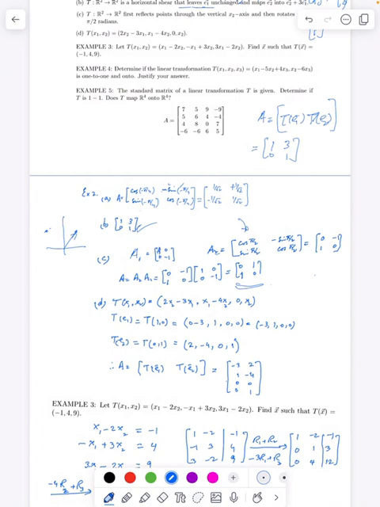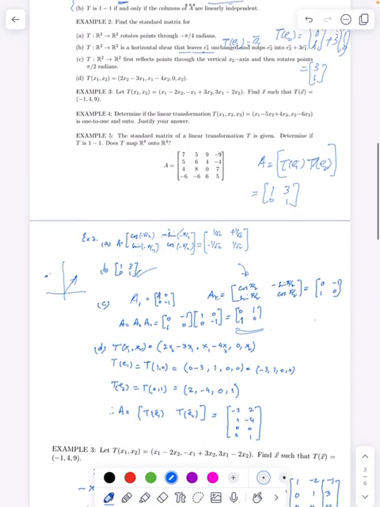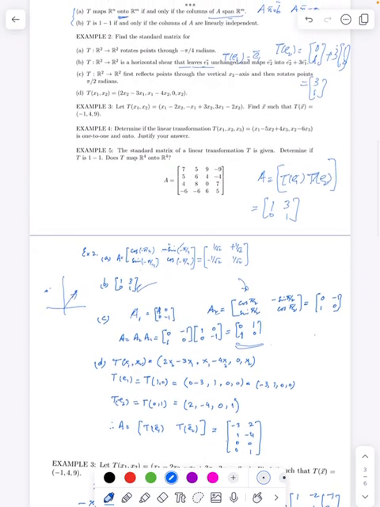So the transformation is given like this, and you note here, it says in the problem actually in the beginning that T is going from R2 to R2, right?